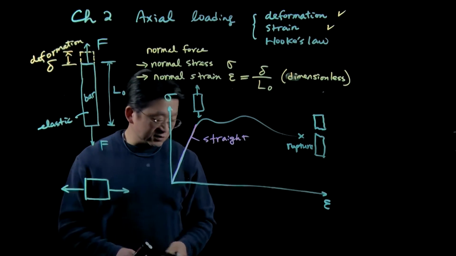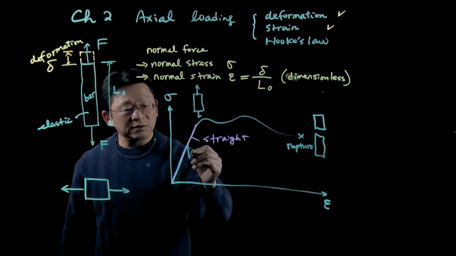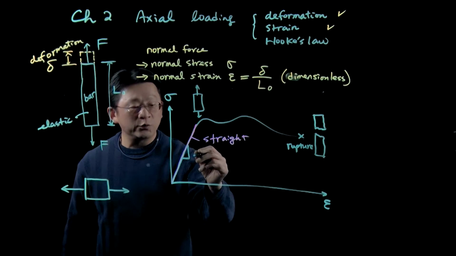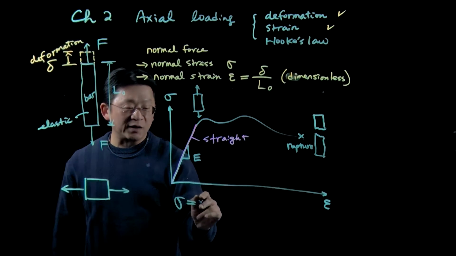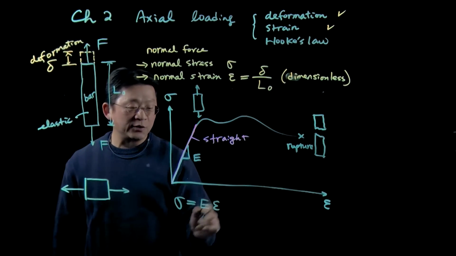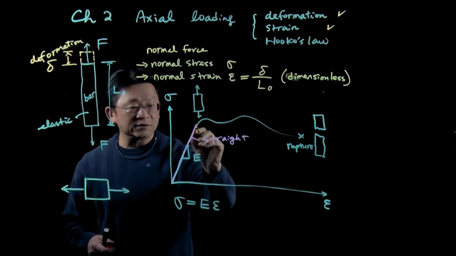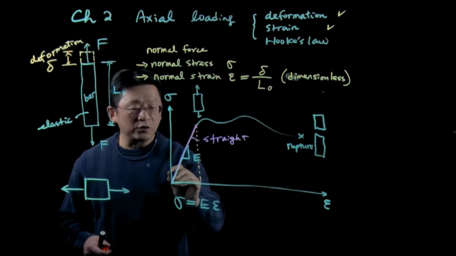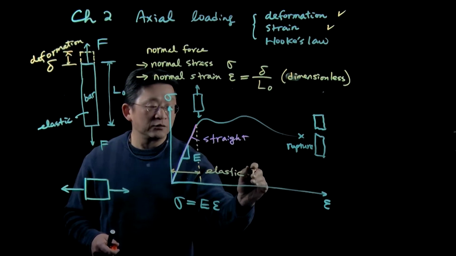Because of the straight-line characteristic, we can use the geometry and define the slope, using the symbol E. Basically, we can write sigma equal to E times epsilon, and this straight line happens in this range, which is called the elastic regime.